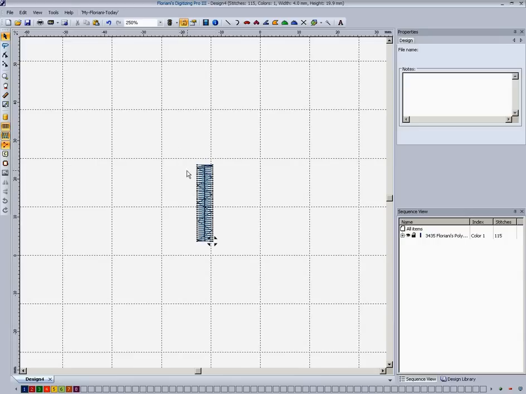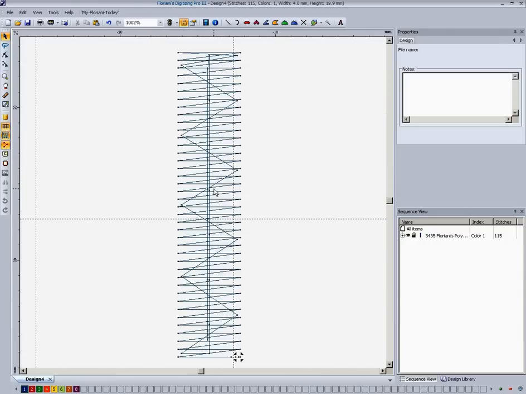This is just a capital I in Arial block that I have stitched here on the screen, and I set it at the default density from the Floriani software, which defaults to 0.5. For whatever reason, it seems like that's way too light for anything I would ever sew, but that's what it defaults to.